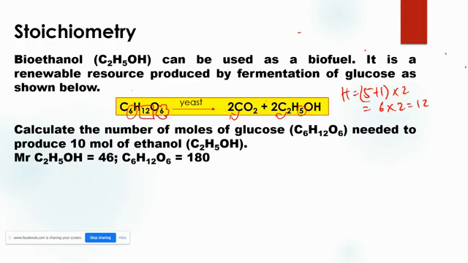On the right side, 2 times 2, 4 plus 2, it's 6. So we can say that this chemical reaction is already balanced because the number of atoms on the left and right sides are already the same.